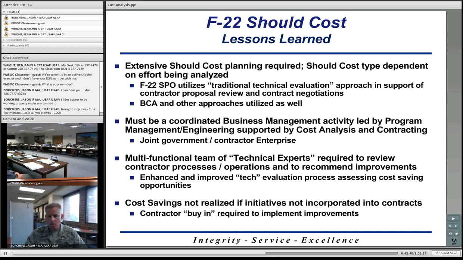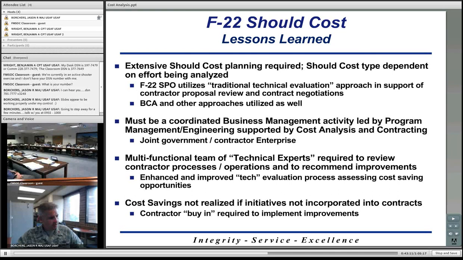If that doesn't happen, savings won't be realized. And finally, contractor buy-in is a must, as you probably realize, in order to make these things happen. So these are some of the lessons learned that the F22 program office came up with as they were going through their should cost effort.